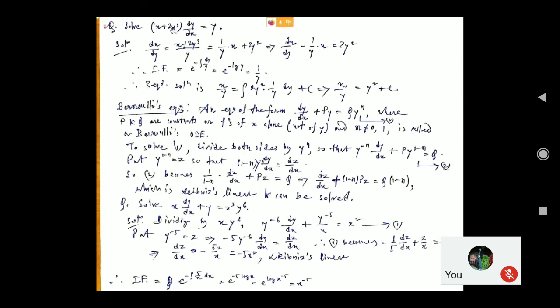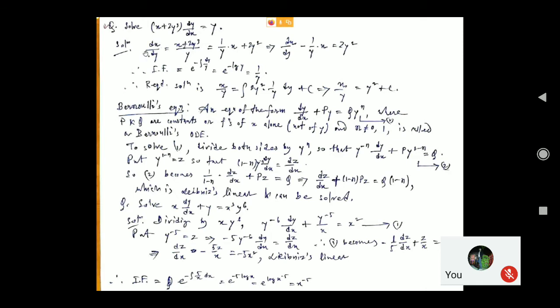Another example you see here. This equation also we can put into Leibniz linear form, but in a slightly different way. In the previous example, we had written dy/dx.